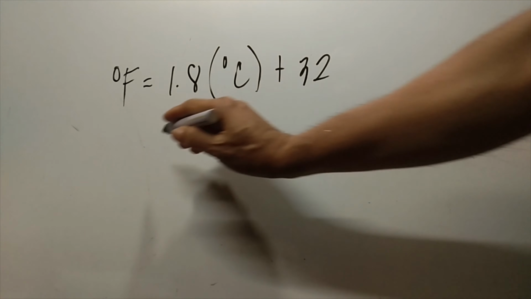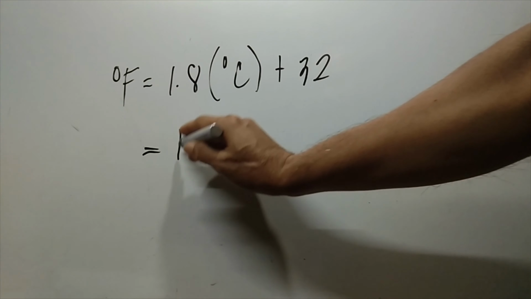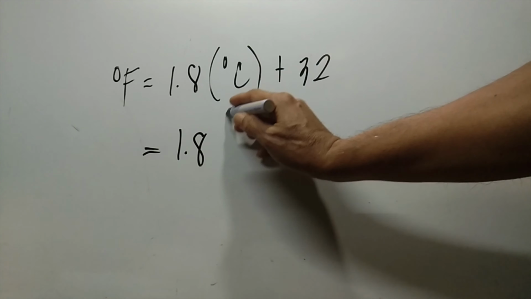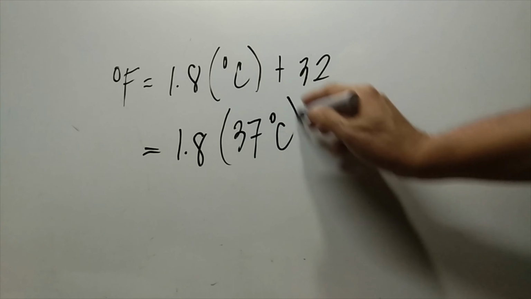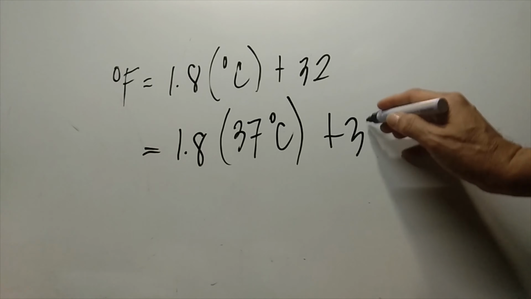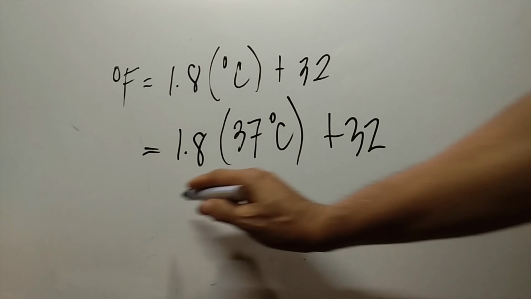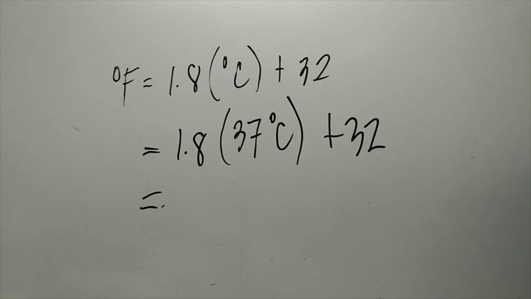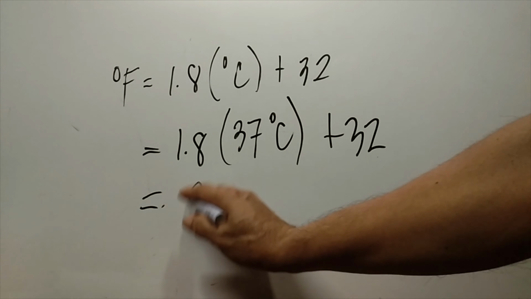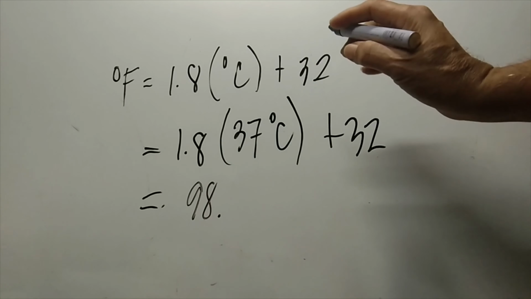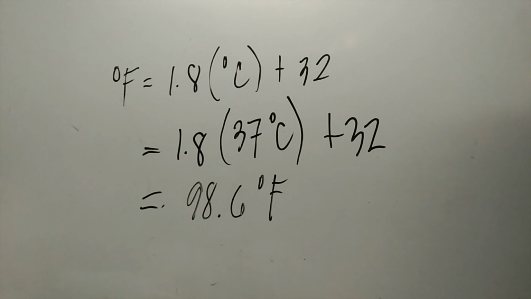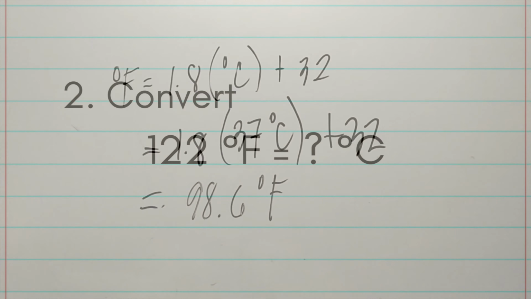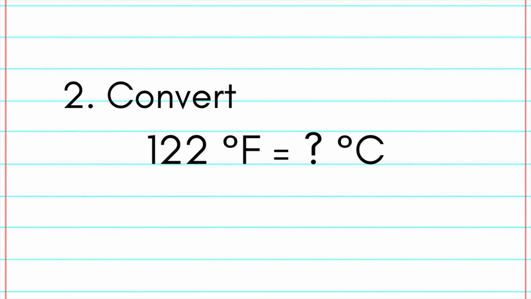So this will become 1.8 times 37 degrees Celsius plus 32 will give us the value of 98.6 degrees Fahrenheit.